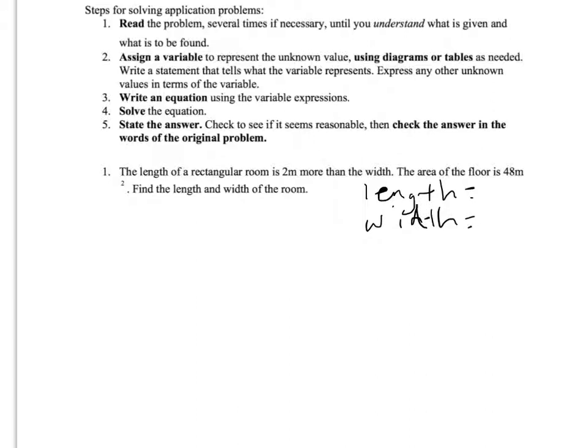Now, because it's talking about a rectangular room, I know I can draw a rectangle, and I'm going to do that. When I go to the words of the problem, here's what I have to figure out. Is one of these going to be X and the other one something I write in terms of X? That should be what happens.